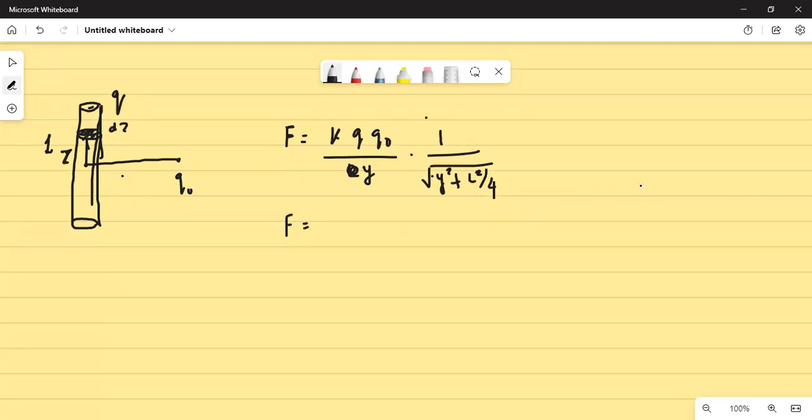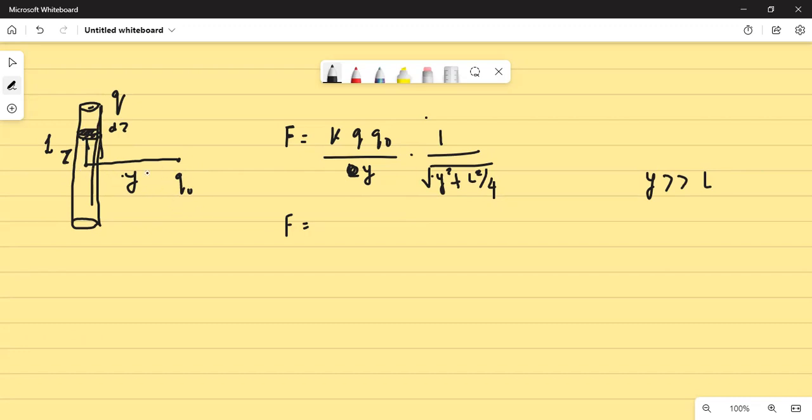I've already told you that if my rod is way too distant from charge q naught, that is, if y is much greater than L, then this particular length L would appear very small to the charge Q naught.